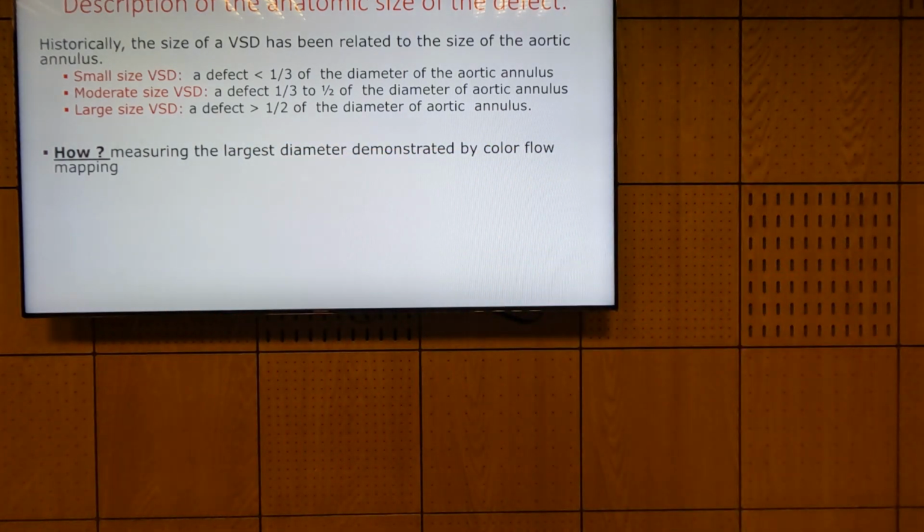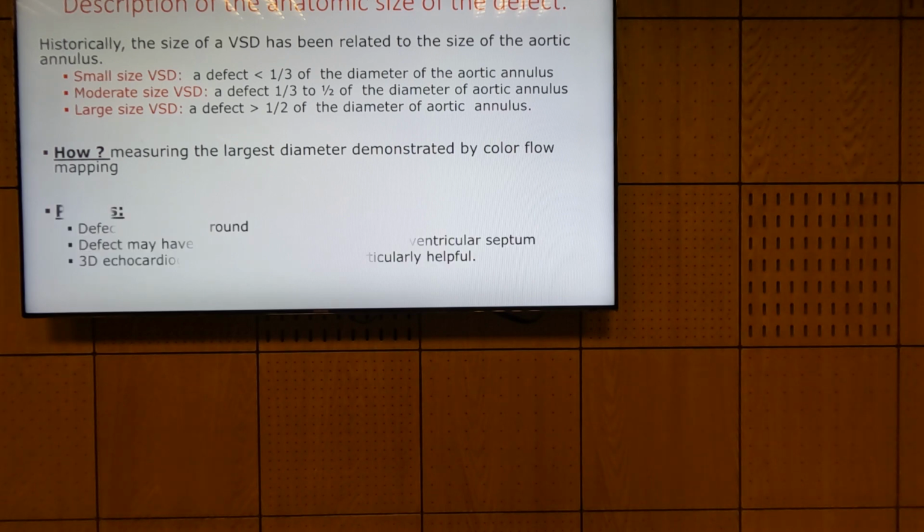First of all, we use echo, which is 2D imaging. So the pitfall is that the defect might not be round, it might be oval, and you see one plane, but the other plane is not in your imaging. This defect may also have an oblique course, especially the muscular VSD, which goes from the left ventricle to the right ventricle in an oblique way.